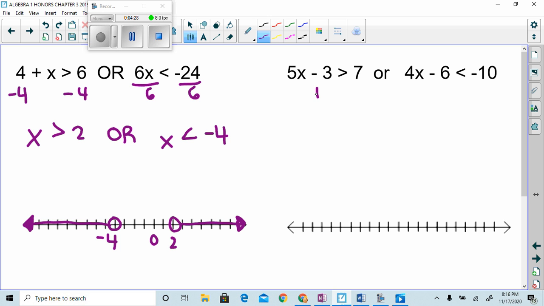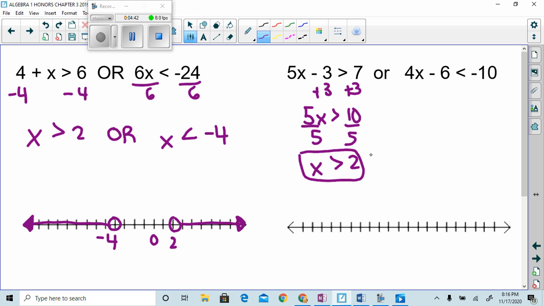These are 2 steps. We'll add 3 first. We'll divide by 5, isolating our variable: x is greater than 2. Or, because there are 2 parts to this, add 6 for x is less than -4, x is less than -1.